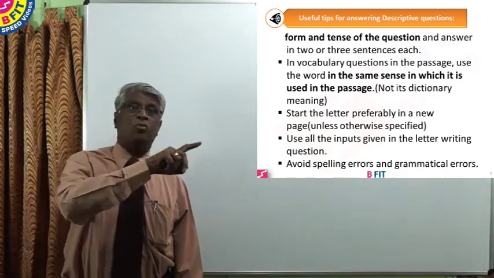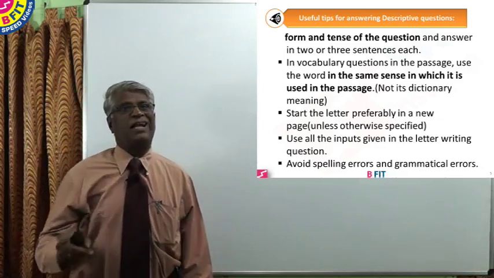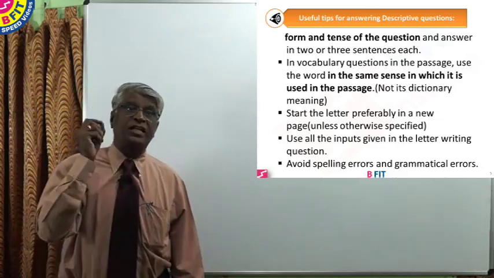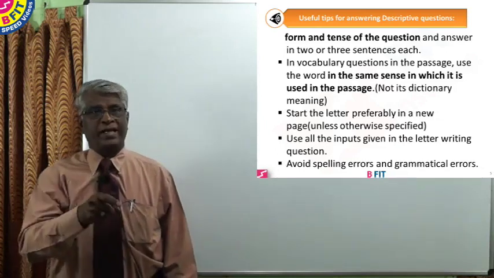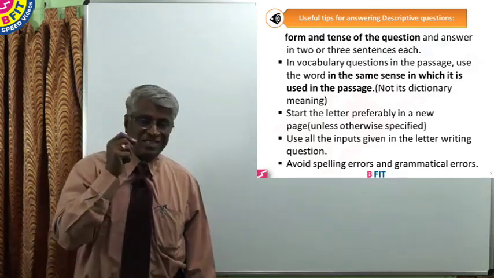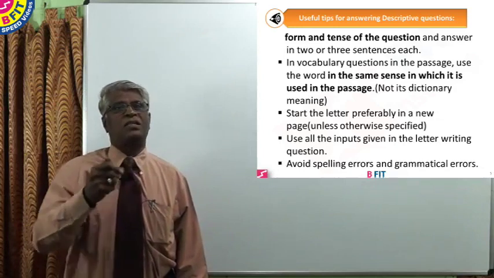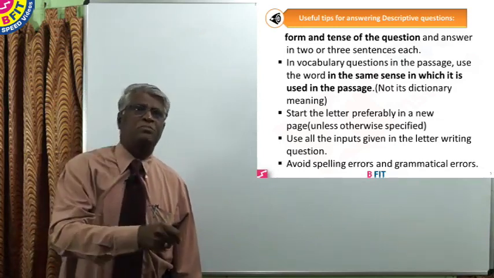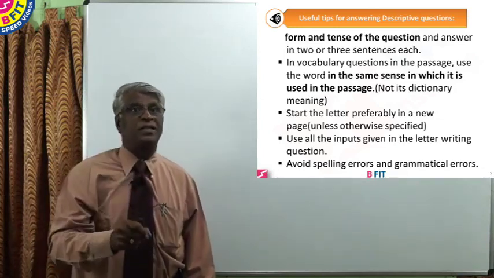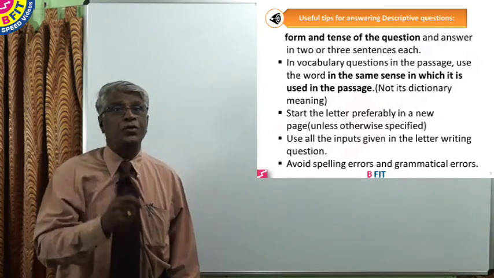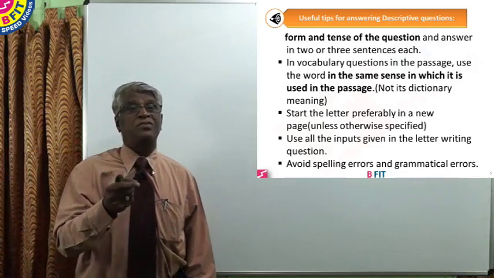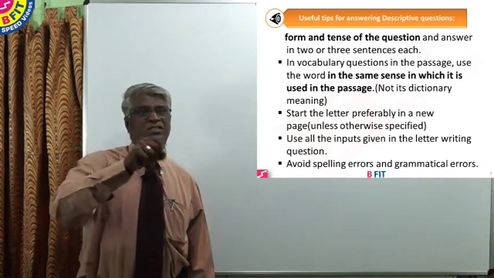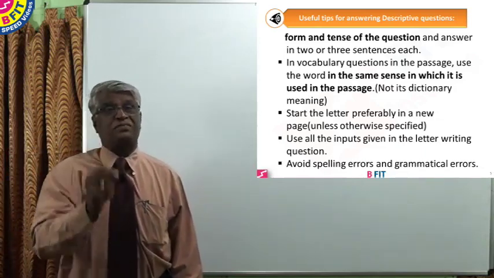In the earlier question on synonyms and antonyms, we used the dictionary meaning or the denotative meaning. Whereas, if you come across questions on synonyms and antonyms in the descriptive paper under comprehension passage, you are going to use connotative meaning. That is, the meaning in which it is used in the passage. This is the basic difference.